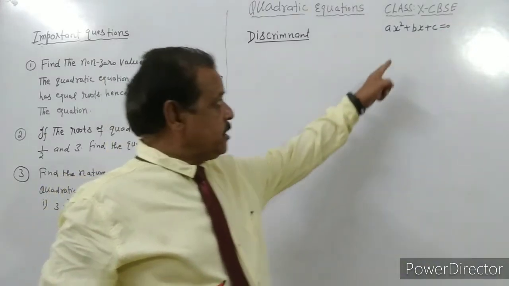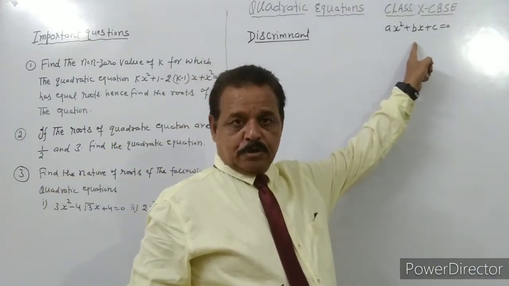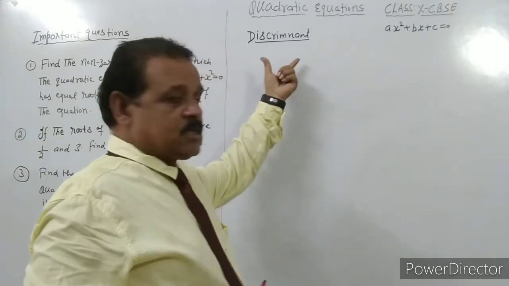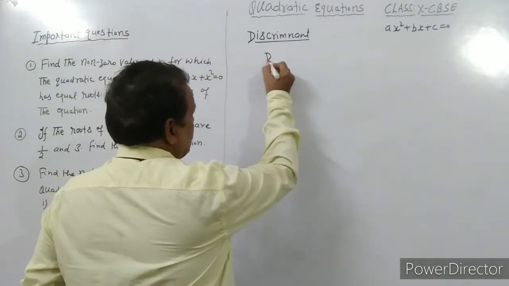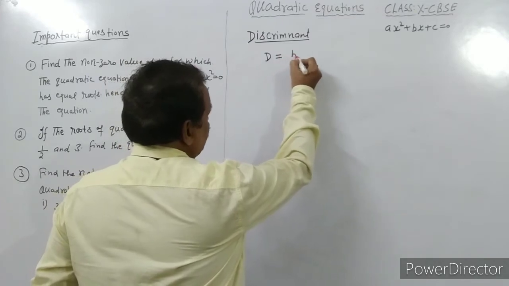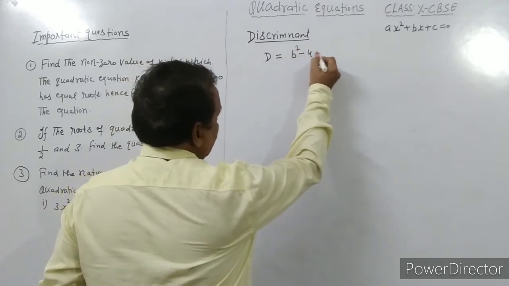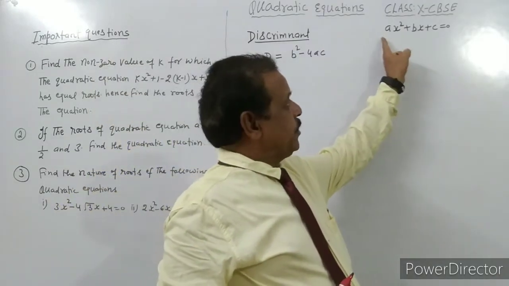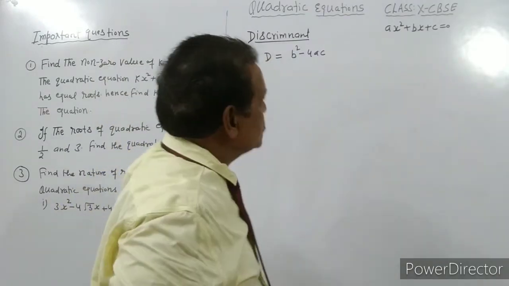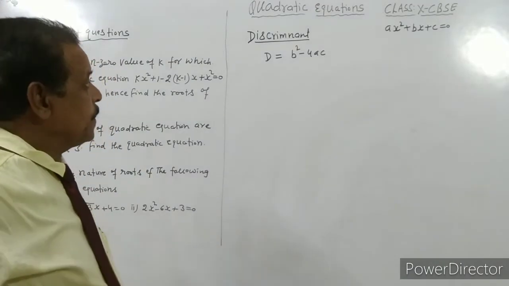Discriminant is denoted by D, and it is equal to b square minus 4ac, from this standard equation.